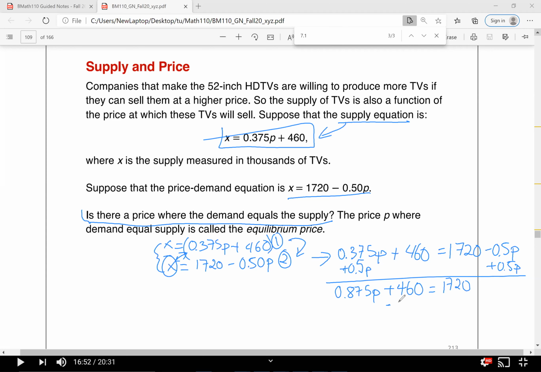Now I'm going to subtract 460 from both sides. You can use a calculator to do this one. That will give me 1260 equals 0.875p.